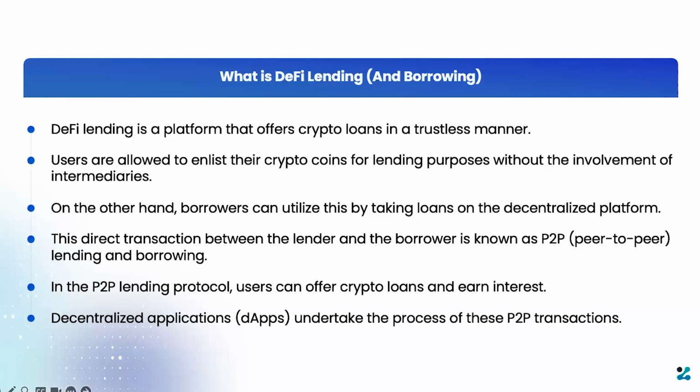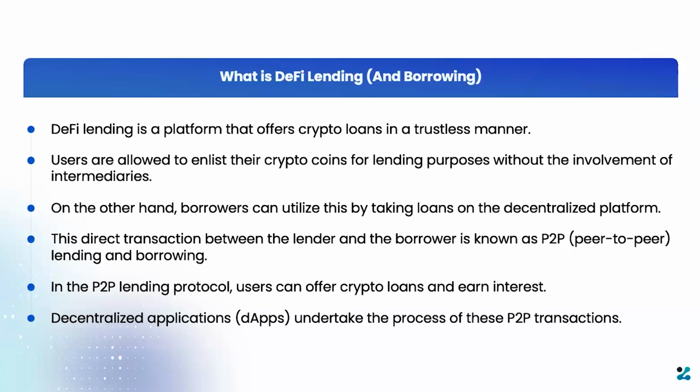Now, the second area, which is very closely related in terms of process or liquidity pool perspective, is the whole DeFi lending piece. Aave and Compound are some of the leaders who started DeFi lending. Traditionally, there's a long drawn process in borrowing funds.